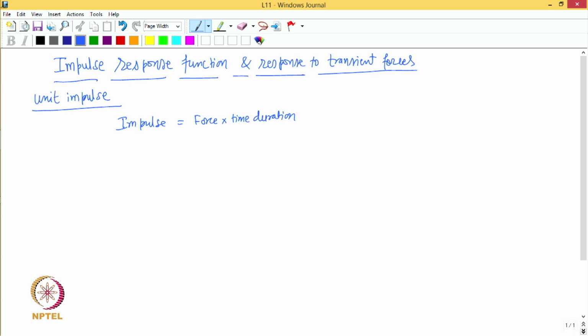So, let us say that we have a force acting over a time duration delta t, and let the magnitude of the force be f naught, right. So, the impulse is basically force into time duration. So, if I choose the force and time duration such that the impulse is unity, then it is basically referred to as unit impulse.